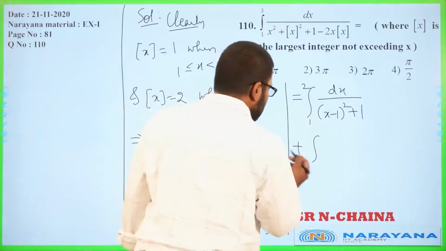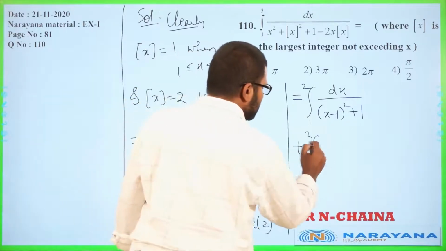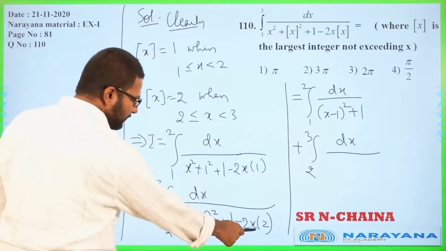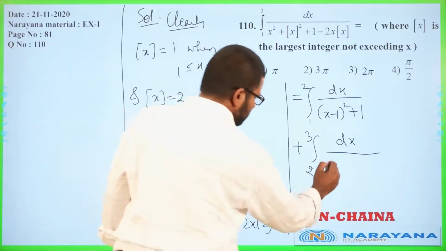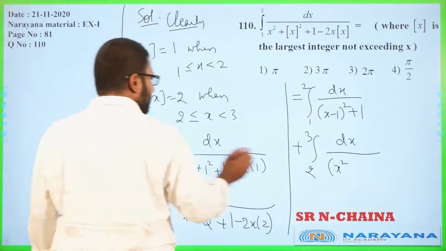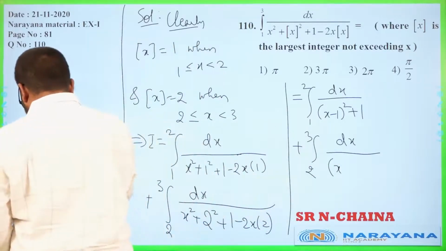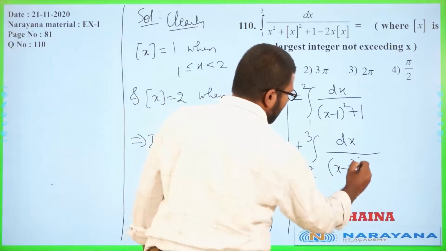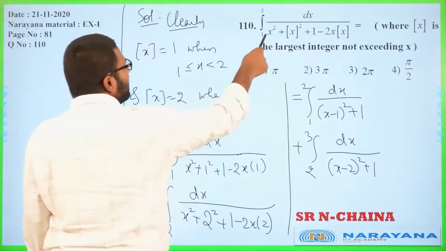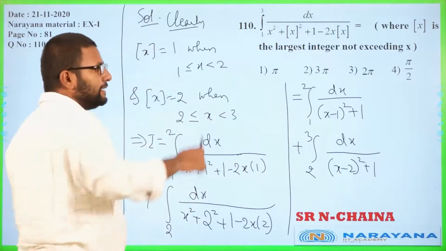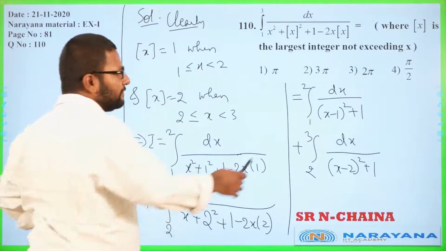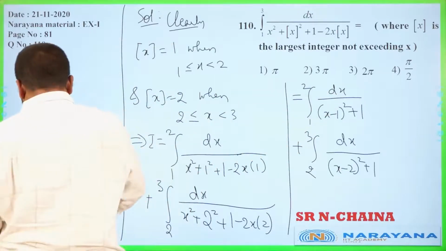Then plus integral 2 to 3 of dx by x square minus 4x plus 4, which is x minus 2 the whole square. The question has been designed in such a way that you will always get a perfect square, right? Because a square plus b square minus 2ab. Can you see that? It is made like that. Now each of those terms you will realize that those integrals are tan inverse, tan inverse of x minus that term upon the other square.